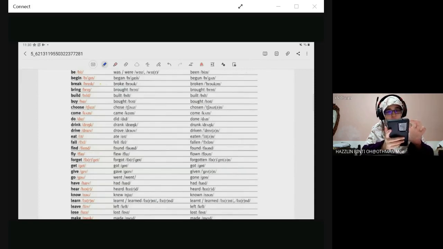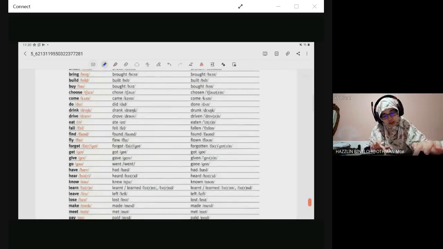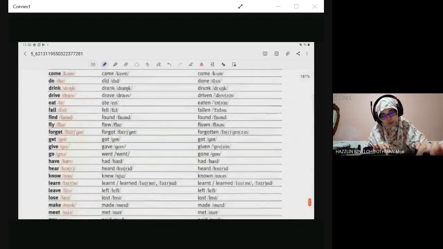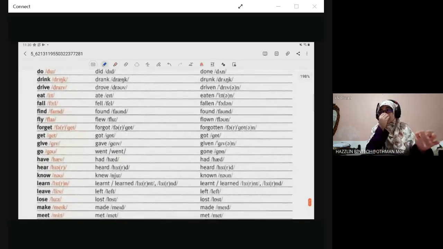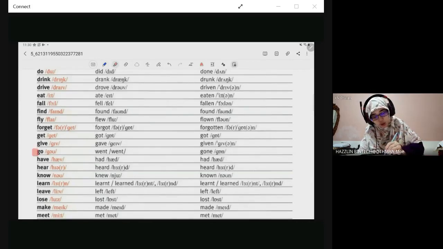Can you tell me what is the first word that you're supposed to look for? Go. Okay, so here it is. Let me zoom that in. I hope everybody can see it. Here is the word go.